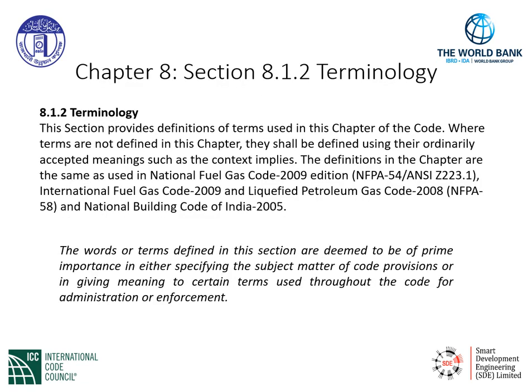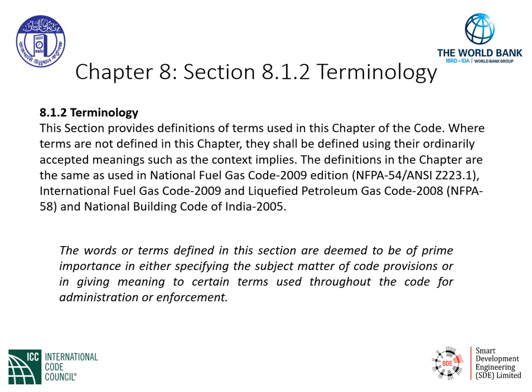Section 8.1.2, Terminology, is a part of the code that gives us some good language here because we need to understand the terminology when it comes to gas systems. Not only gas piping systems, but references to components on the gas piping system.